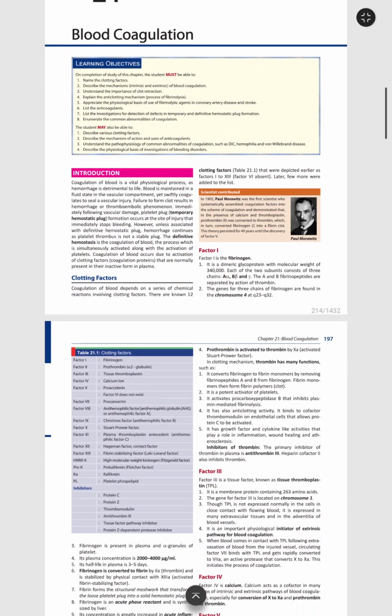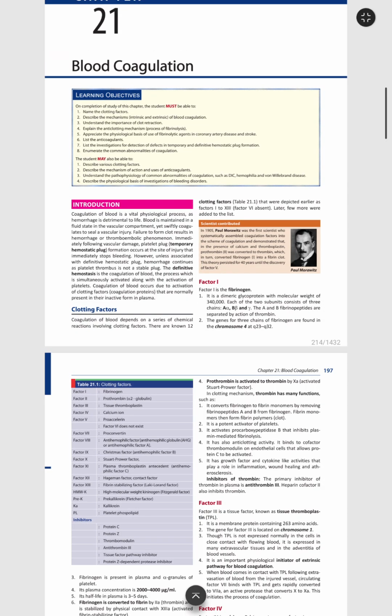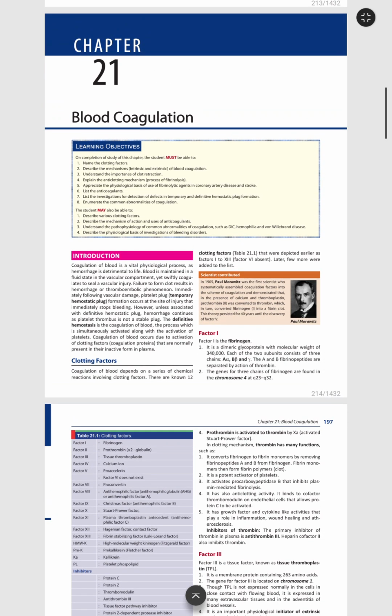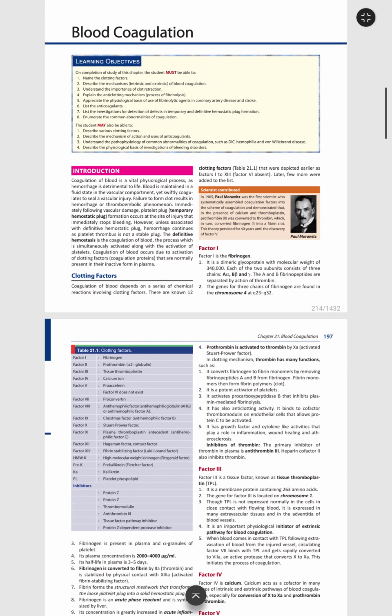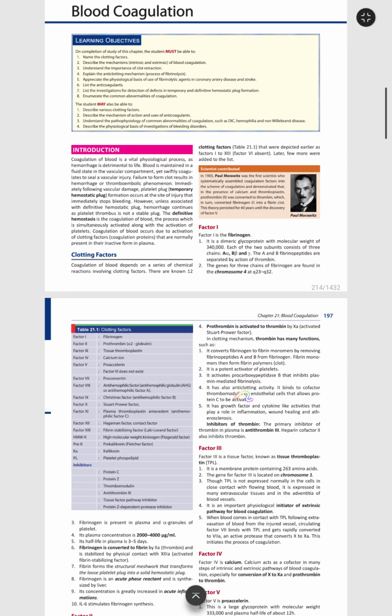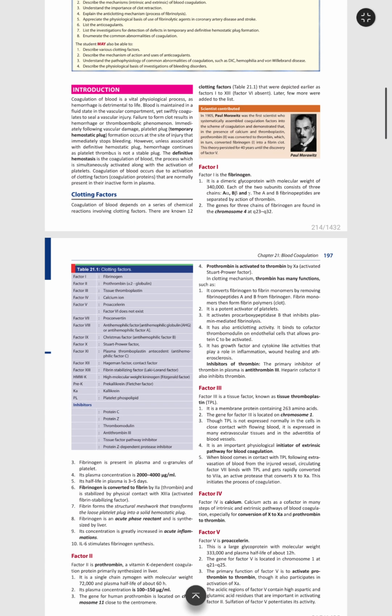Let's start with blood coagulation. The only thing you need to remember: factor 1 is fibrinogen, factor 4 is calcium, factor 3 is tissue thromboplastin, factor 9 is Christmas factor, 10 is Stewart factor, and there is no factor 6.